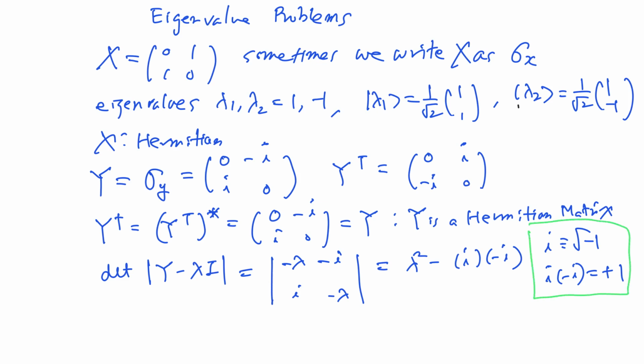So this is lambda squared minus 1 equals 0. This is the condition for the existence of eigenvalues and eigenvectors. So therefore lambda is plus 1 or minus 1.